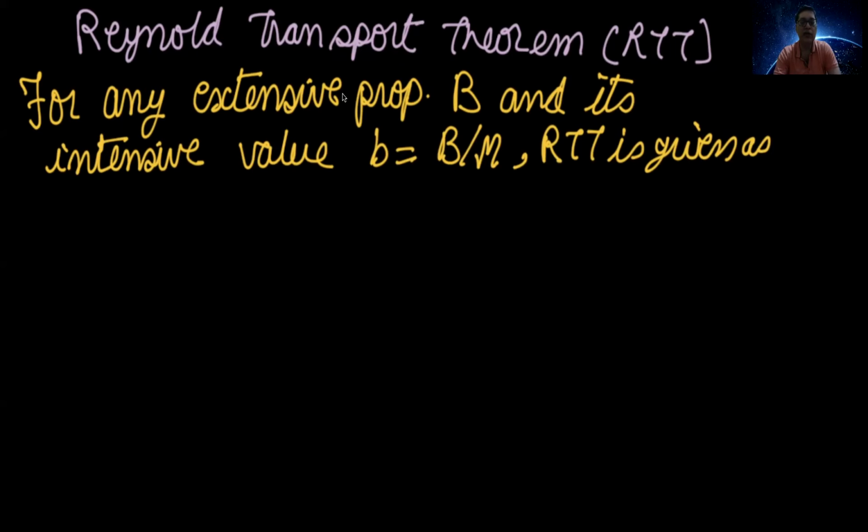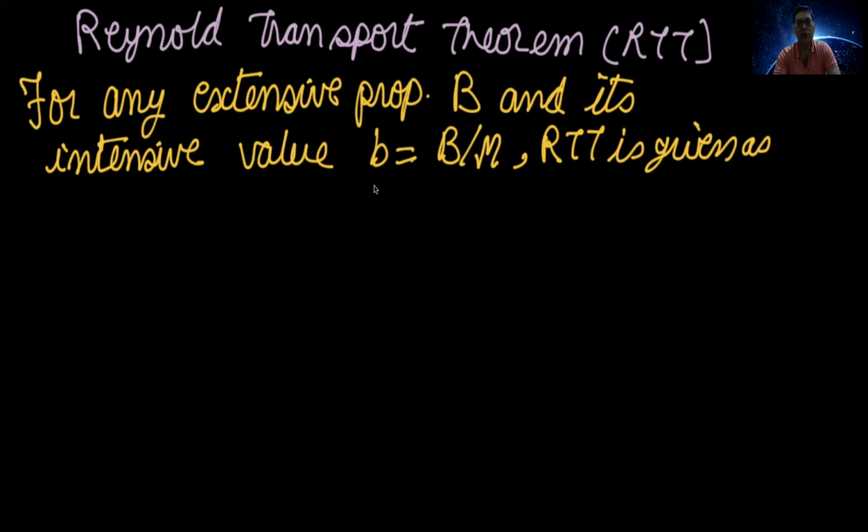In thermodynamics, you studied extensive properties and intensive properties. What is the difference between the two? An intensive property is independent of mass and an extensive property is dependent on mass. So for any property which depends on mass, you can obtain its intensive property by dividing by mass.